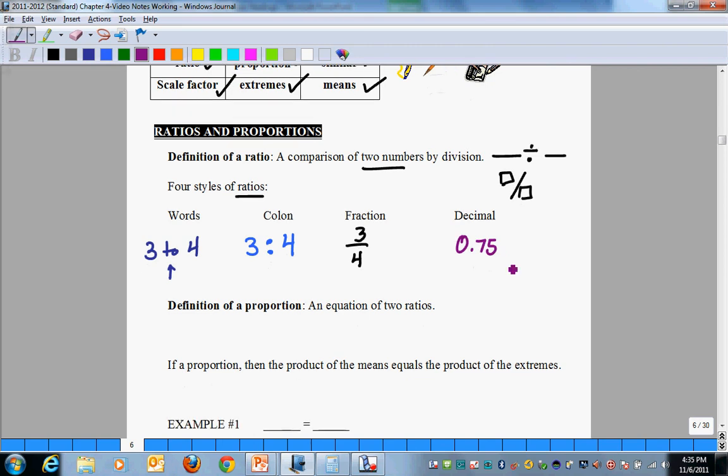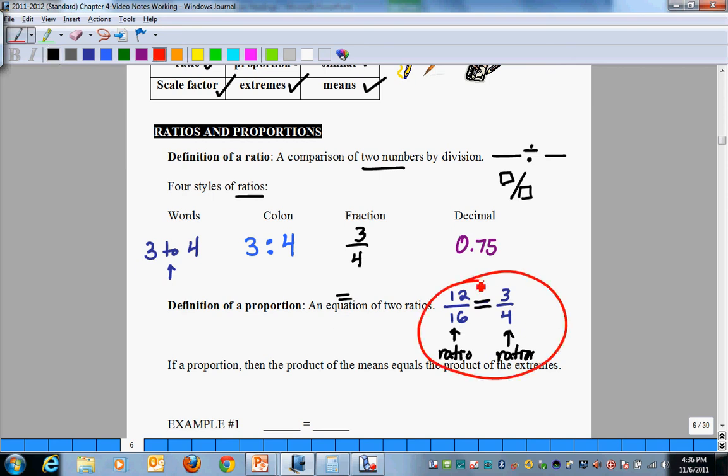When you have an equation of two ratios, for example, if I have 12 over 16, which reduces to 3 over 4, the fact that I have two ratios, there's a ratio, and there is a ratio, and they are equal, that is an equation. This whole system here is called a proportion.